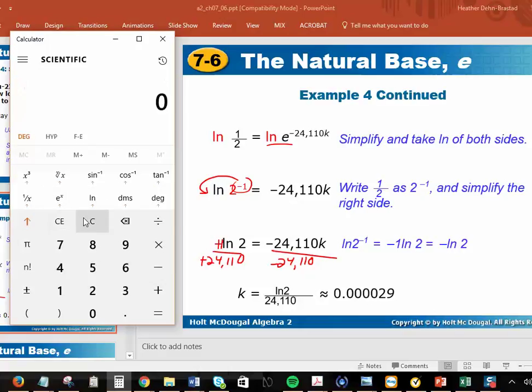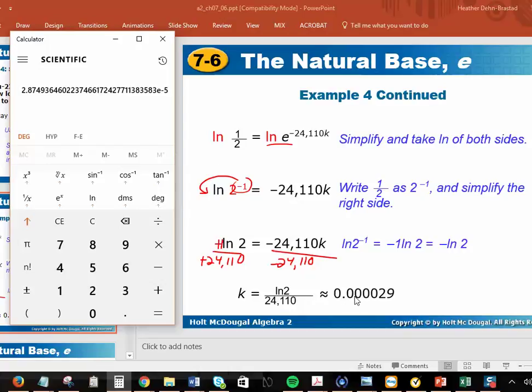So I'm going to clear all this stuff out. I need the natural log of 2. And then I'm going to divide that by 24,110. So again, I don't round until the end. Now it says e to the negative 5. That means that is to the negative 5 decimal places.